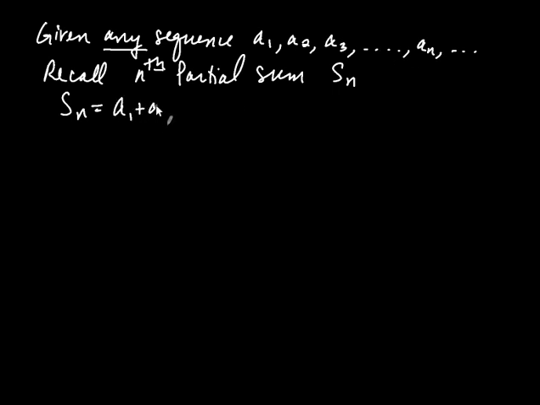So it's a1 plus a2 plus a3 plus and so on, ending at a sub n. That's the nth partial sum of the given sequence.